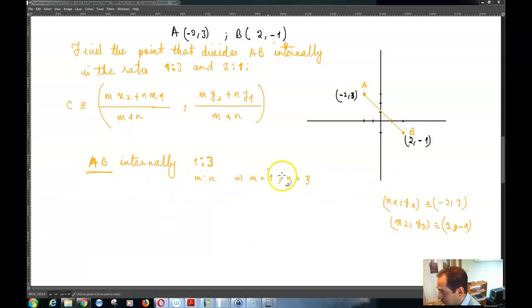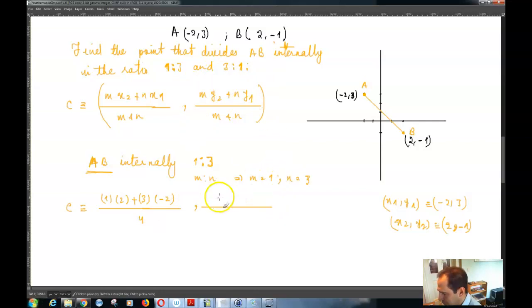So what I can do over here is m x2, so m is equal to 1. The coordinates of the point C would then be m x2, which is 1 times x2, which is 2, plus n x1, so n x1 would be 3 times x1, which is equal to -2, over m plus n. m plus n is equal to 3 plus 1 is equal to 4.